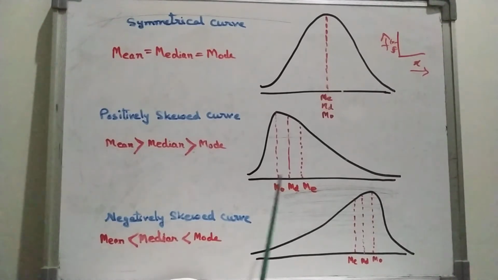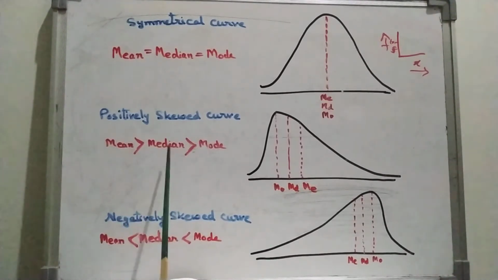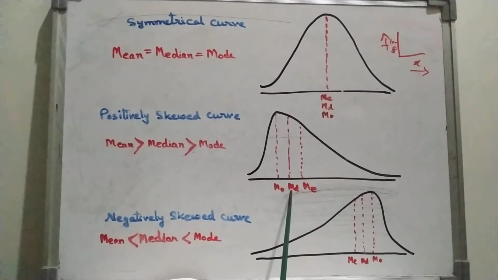Okay, so according to the figure we get that mean is greater than median, median is greater than mode. So here the lowest is mode, and though the frequency is highest here, the x value is lowest, so we get higher mean and median values of x, that is the variate value.